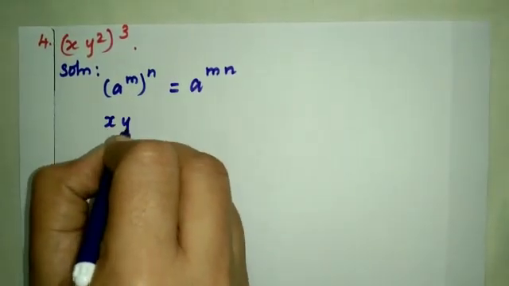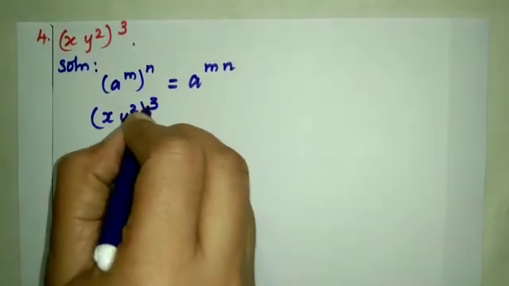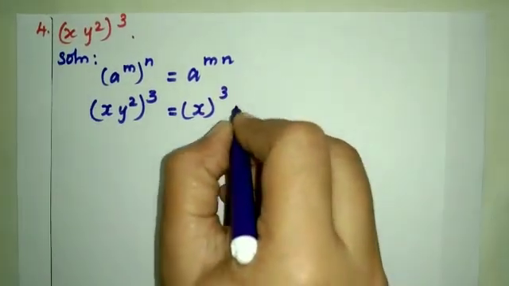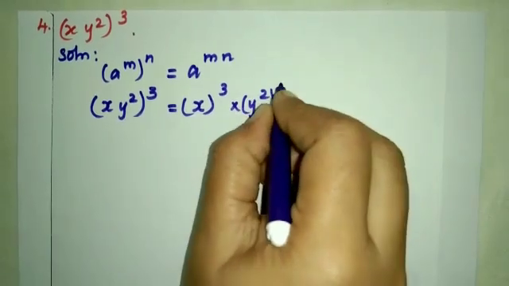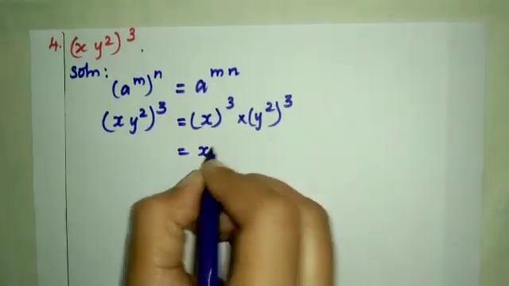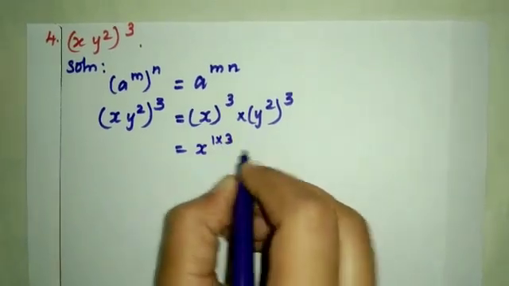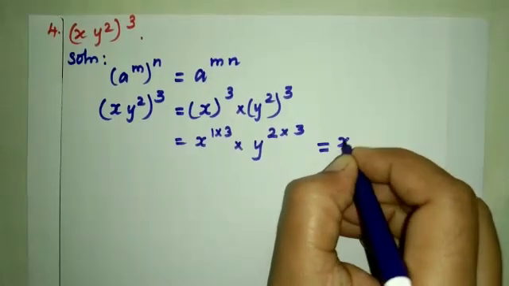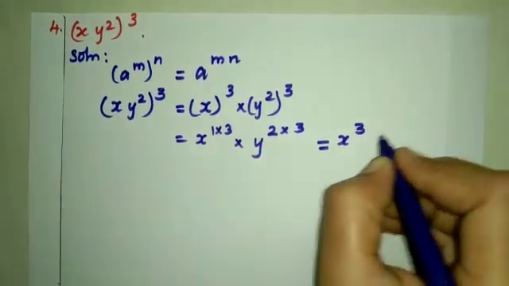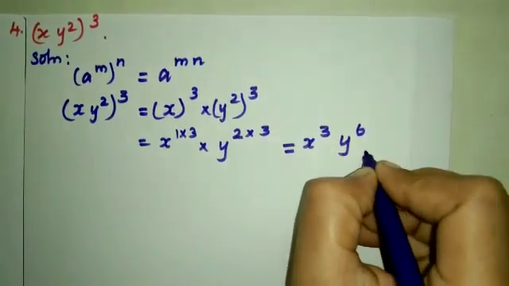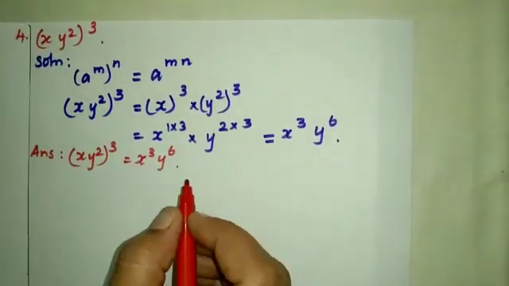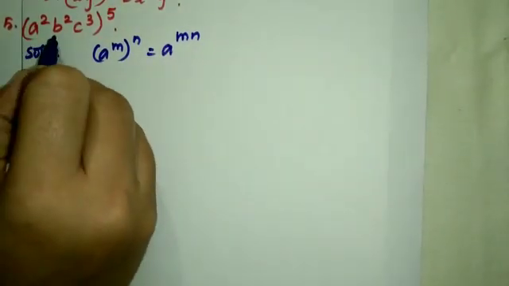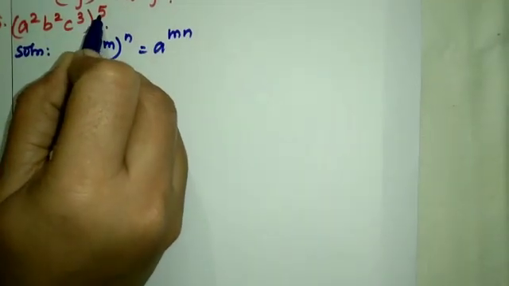Here the question is x y square the whole power 3, which is equal to, separate the elements, x the whole power 3 into y square the whole power 3, which is equal to x power 1 into 3 multiplied with y power 2 into 3, which is equal to x power 3, y power 2 3s are 6. Is that clear, students? This is the answer.